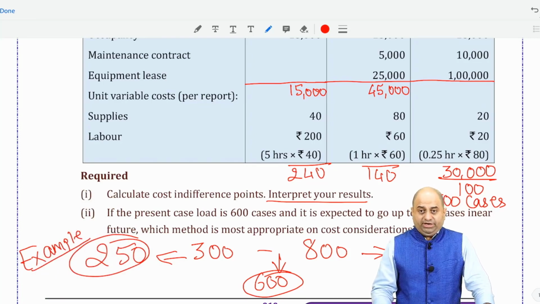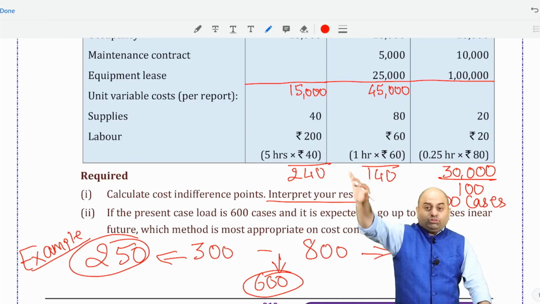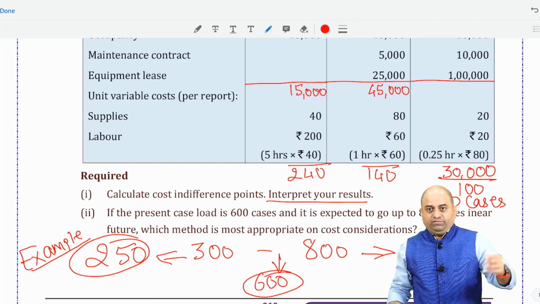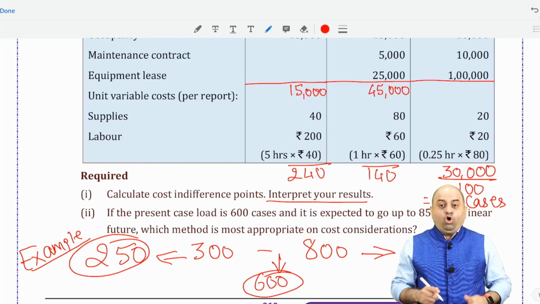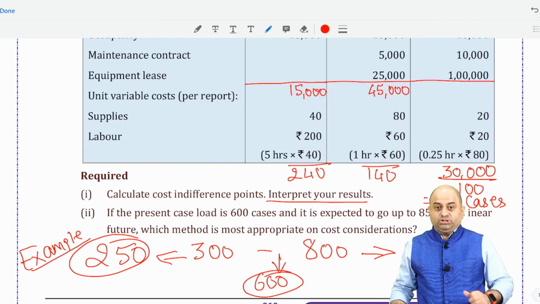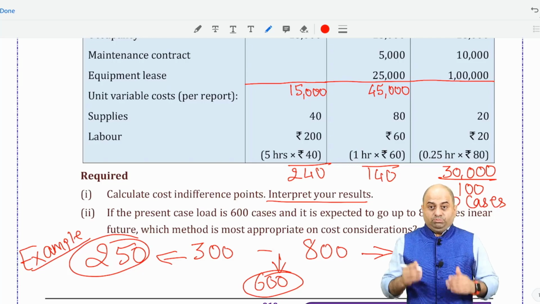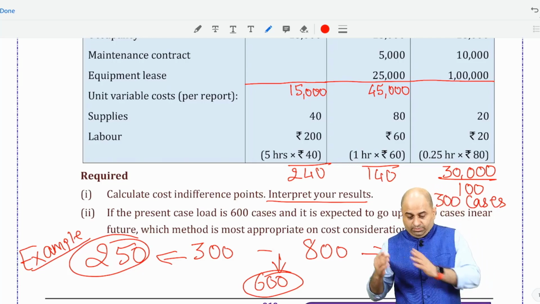Basically, take these 3 points as examples and calculate total cost under all 3 options for 250, 600 and 850. Automatically you will realize which option is cheapest at 250, that is below 300, which option is cheapest between 300 and 800, and which option is cheapest above 800.